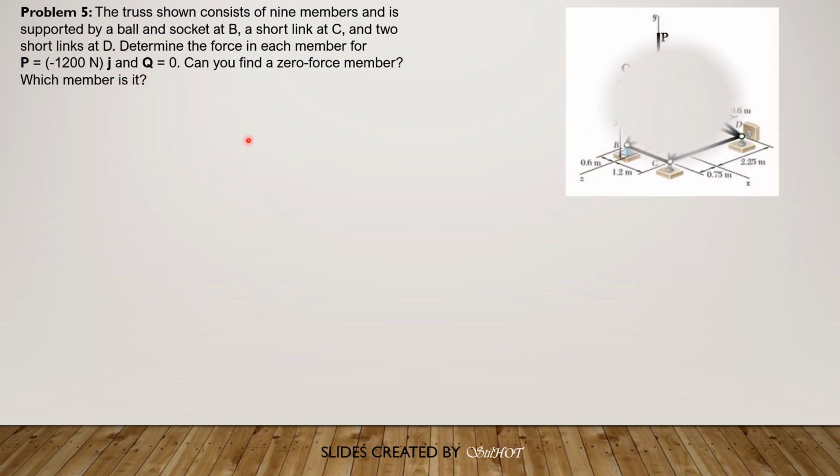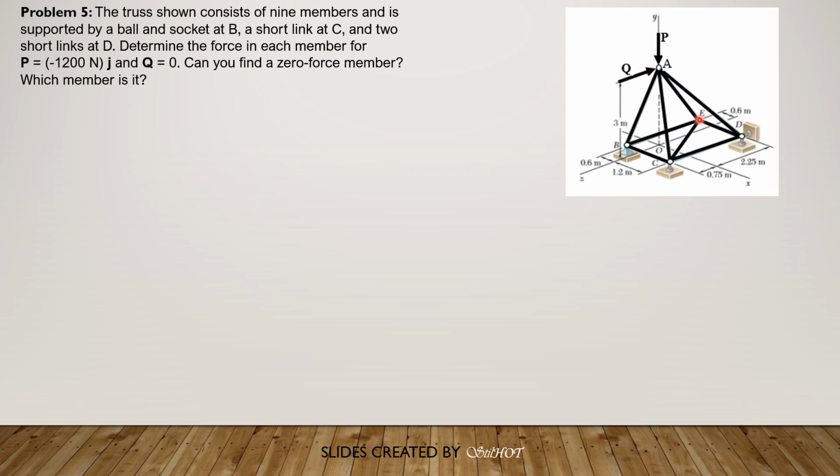Which member is it? Based on the figure, let's identify the zero force member first based on the principle of finding zero force members. We have an unloaded joint here, joint E, and we have 3 members that are on the same horizontal plane. There is only a member AE which is not on the plane.